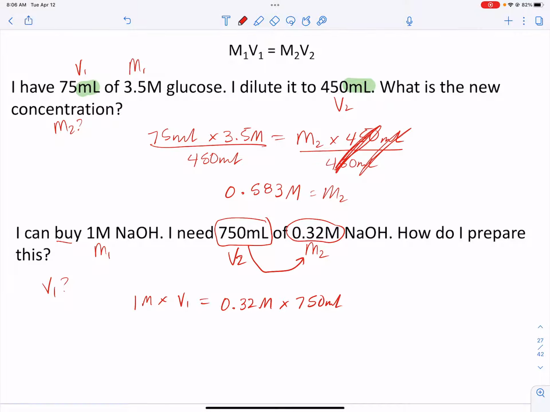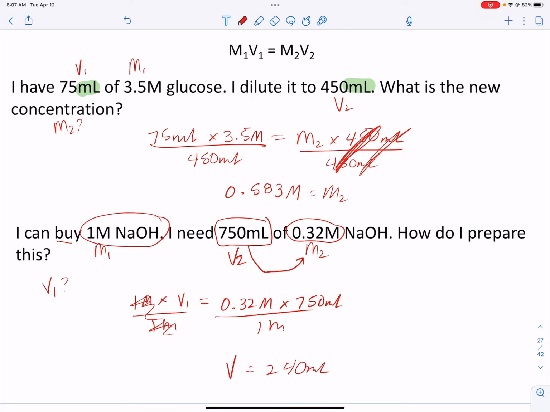All right, so to solve for V1, I'm going to divide both sides by 1. Cancels. So we'll just do 0.32 times 750. Obviously divided by 1. It's not going to change the number. So that is going to be our volume of this 1 molar NaOH. We're going to need 240 milliliters of it.